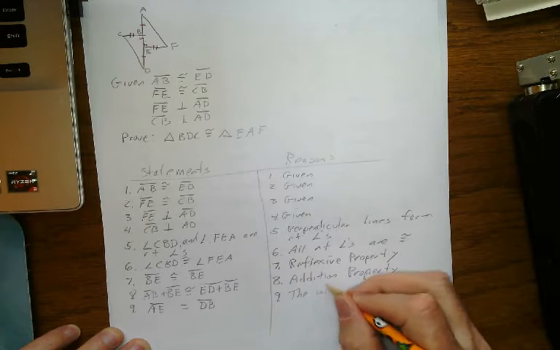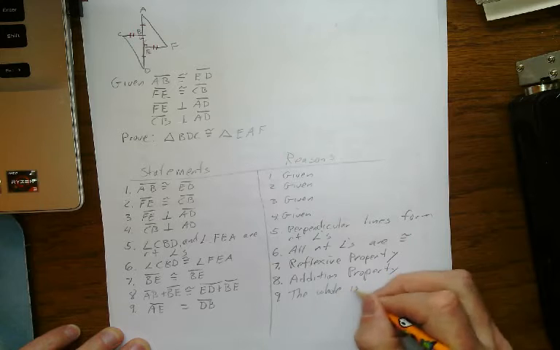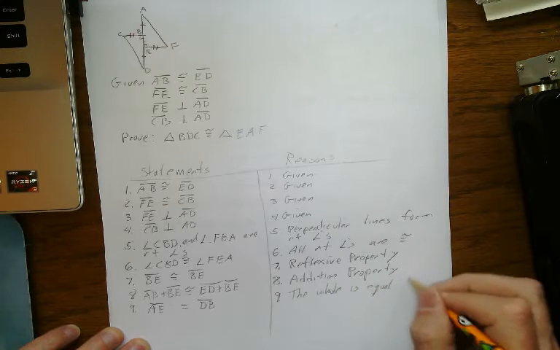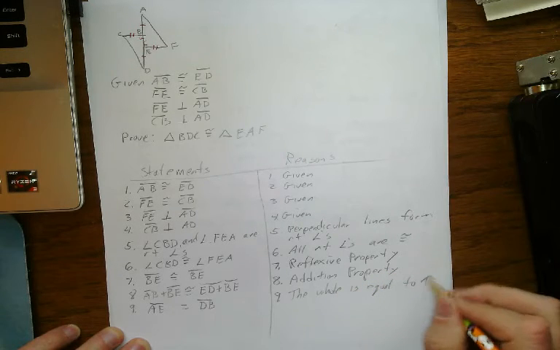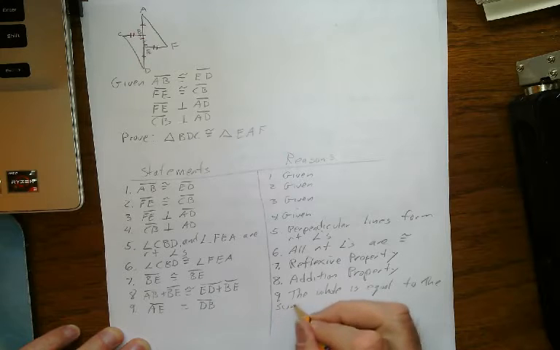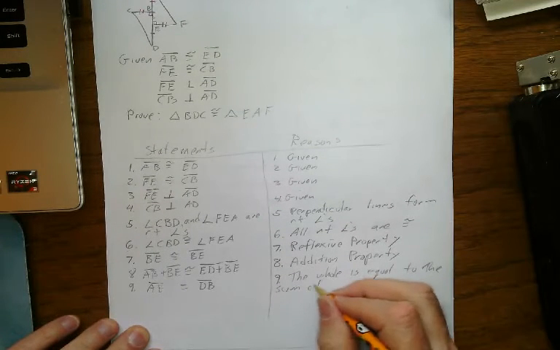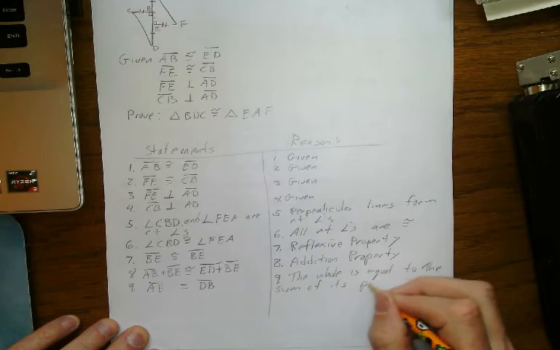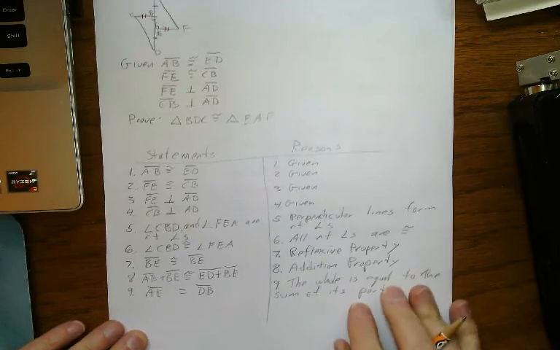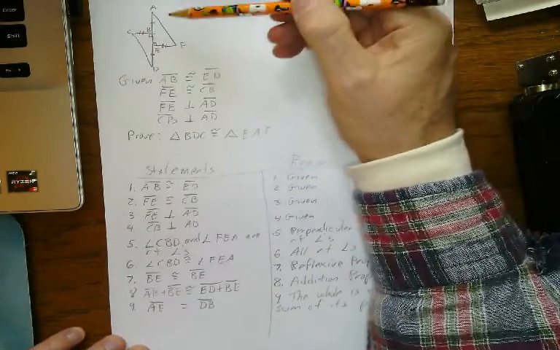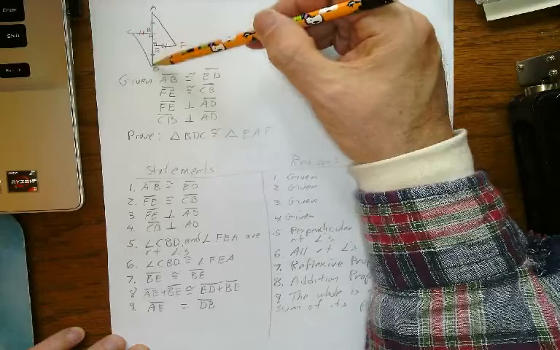The whole is equal to the sum of its parts. Now, we actually have this whole side here congruent to this one.